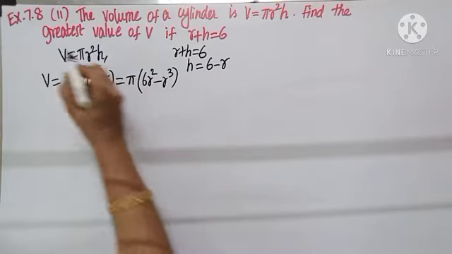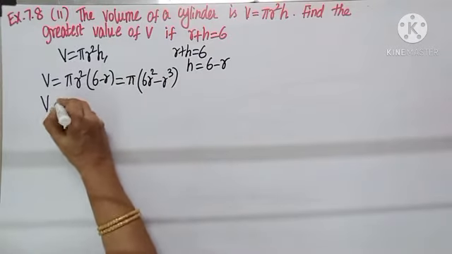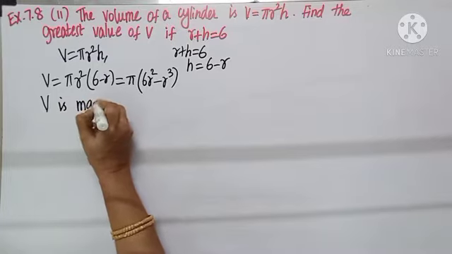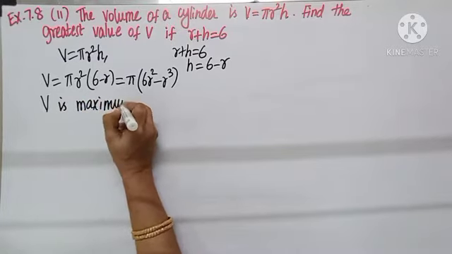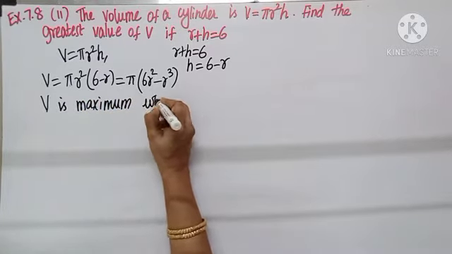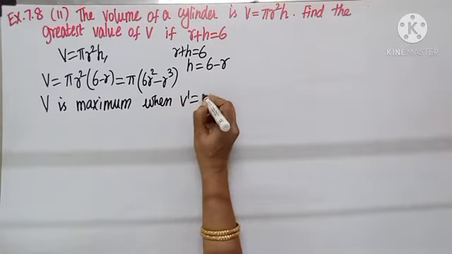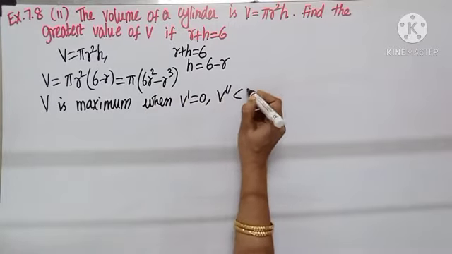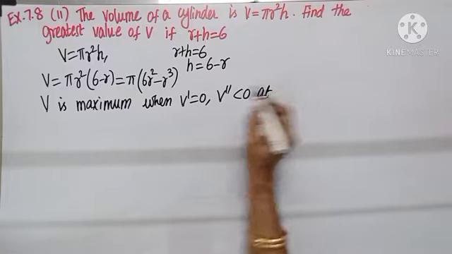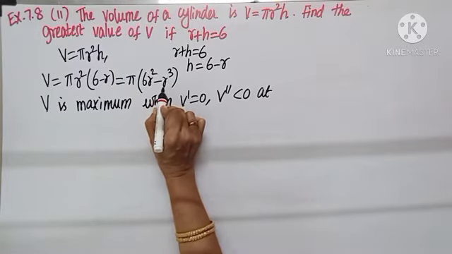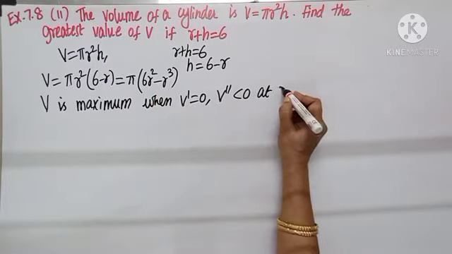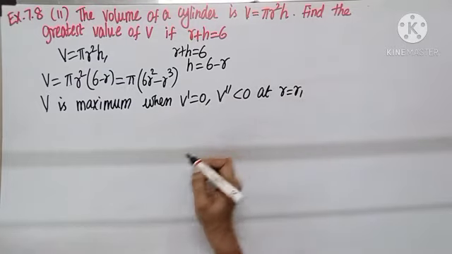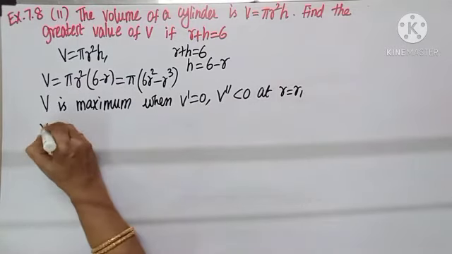The question is the greatest value of V. That is, V is maximum when V dash equals 0, V double dash less than 0 at r equal to r1, here the variable is r, the radius. Find out V dash.